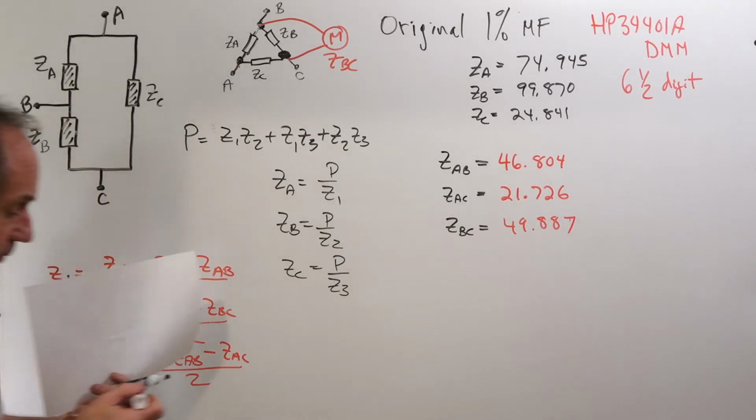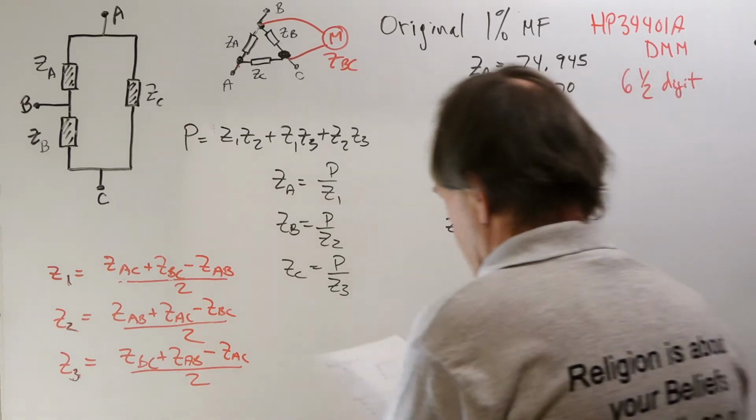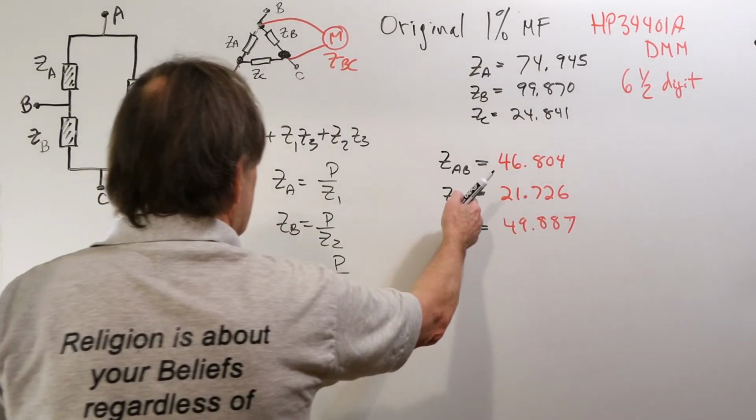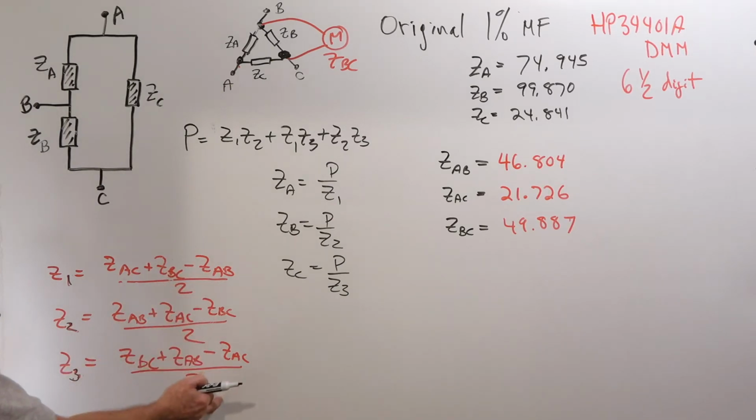Now, with those readings, we go ahead and calculate the individual resistor values. We have ZAB, AC, and BC. We put them in these equations here to get Z1, Z2, Z3.